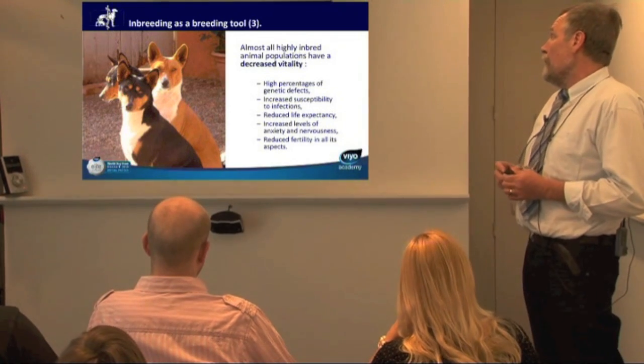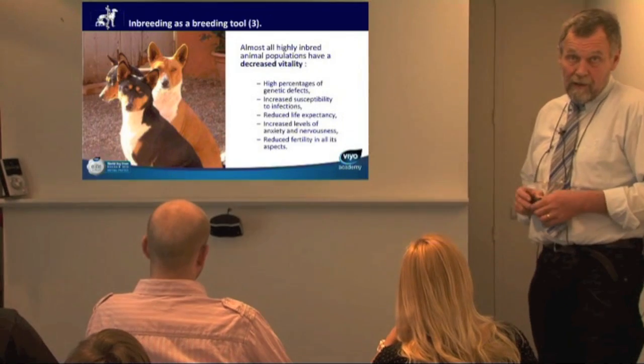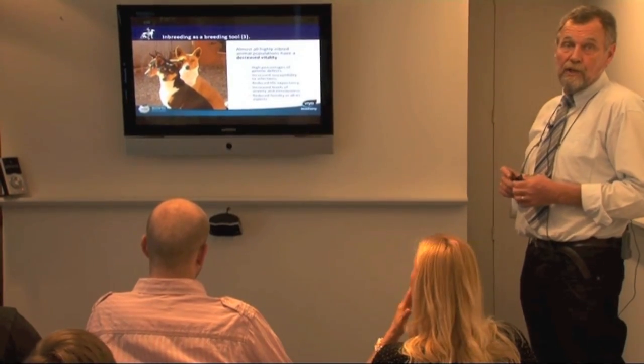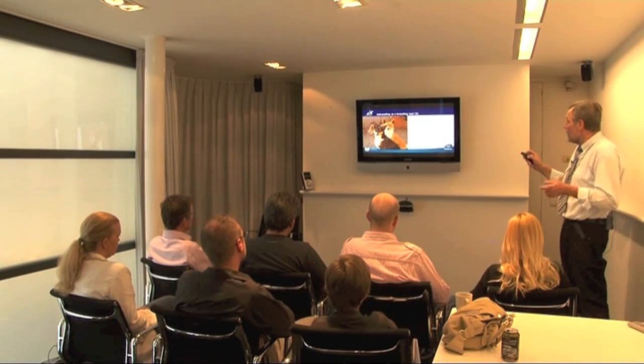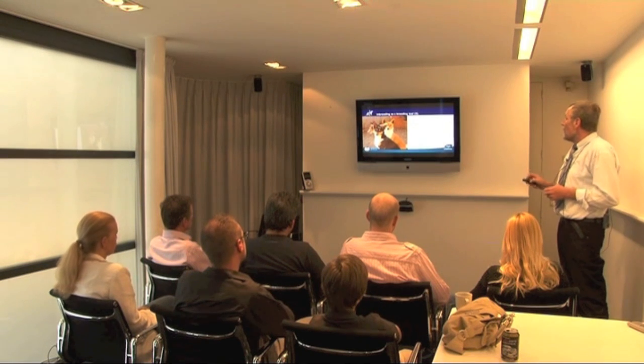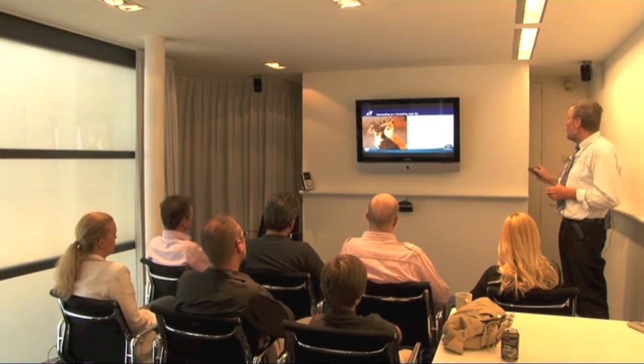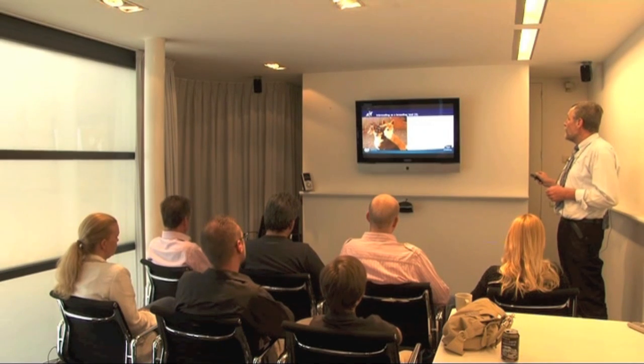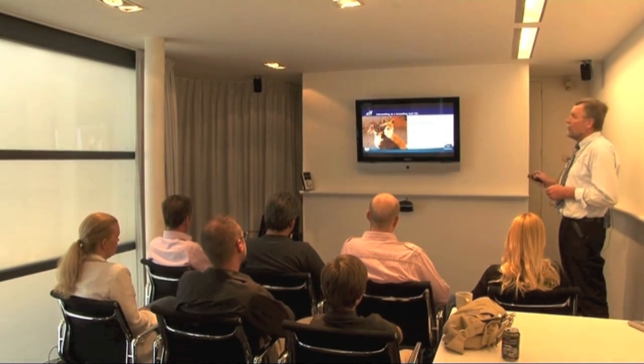If we look at highly inbred animal populations, and that's true for dogs, it's true for cats, it's true for any species, then we see that most of those populations have a very high percentage of genetic defects. I will show you a table later on to illustrate that. What we see is an increased susceptibility to infections, which partly is the cause for reduced life expectancy.